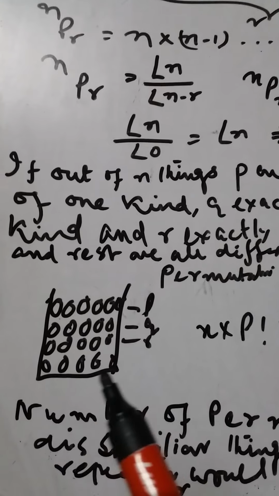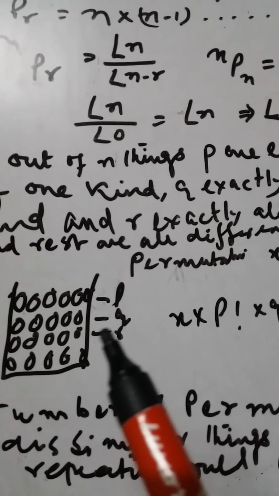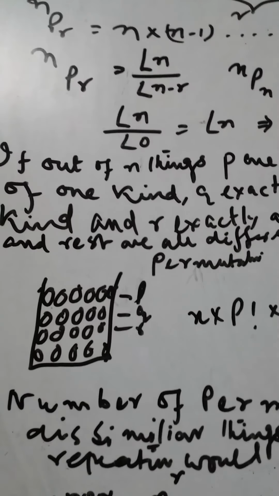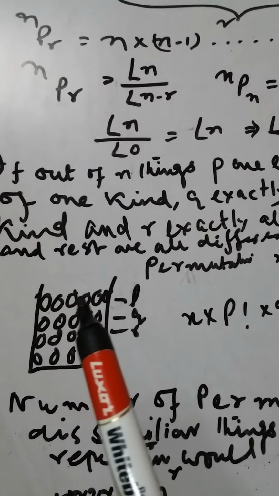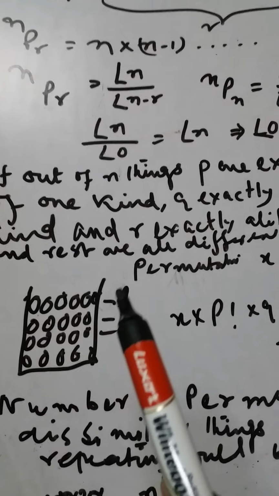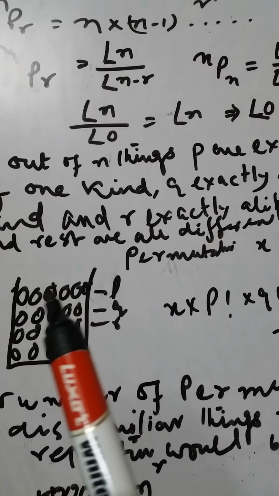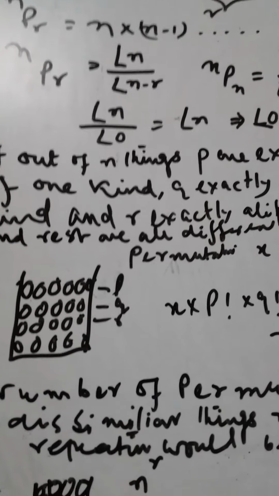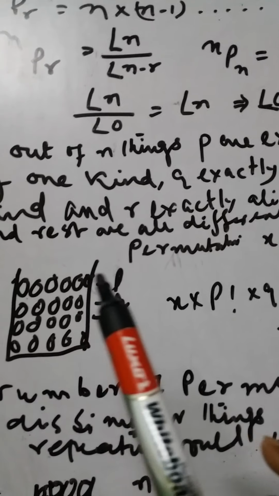It means there are n balls in which p are alike, q are alike, and r are alike. Then what will be the permutation? So take the p balls which are alike, throw them in the wind, and take other dissimilar balls in their place.